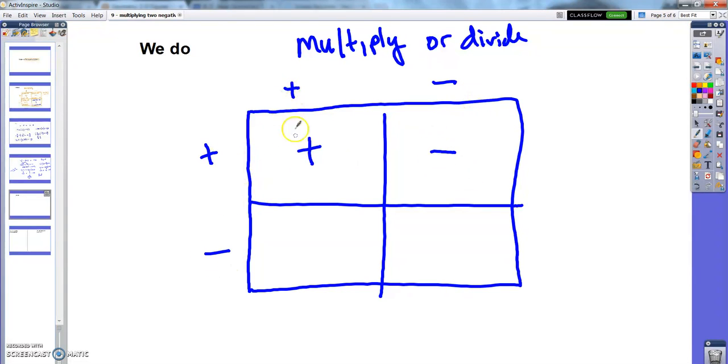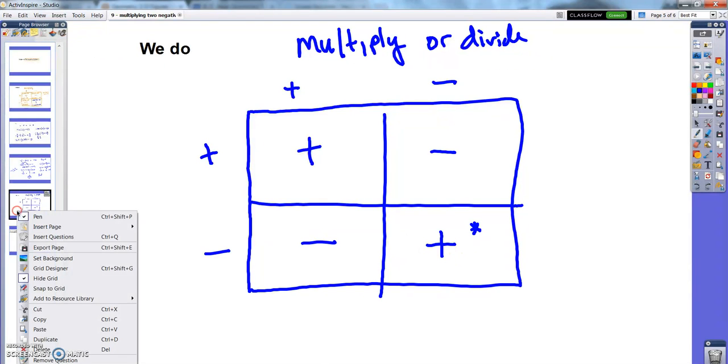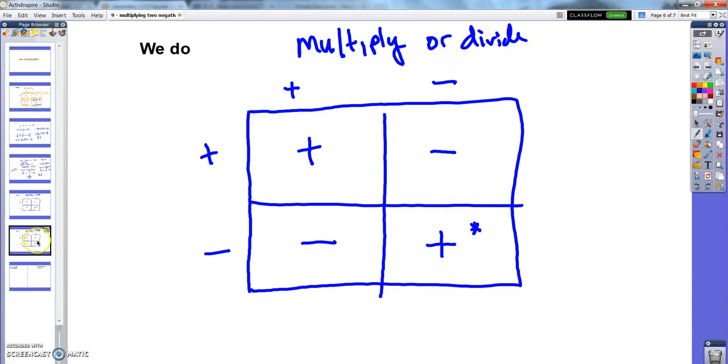A negative times a positive, same thing, or negative divided by positive is still negative. And the negative divided by negative is a positive number. That's the weird one. A negative times a negative is a positive, or a negative divided by a negative is a positive, because it has to be. I showed you all that math, and it just has to be that way. I proved it. I couldn't show it, but I proved it.